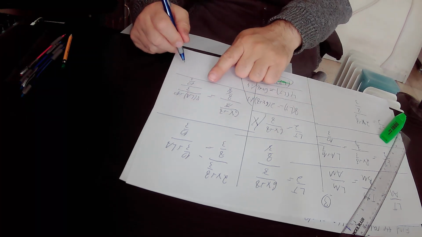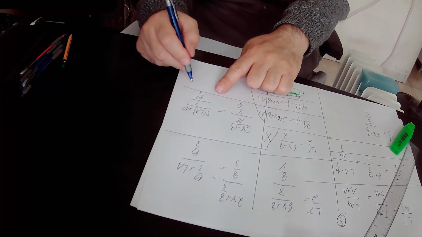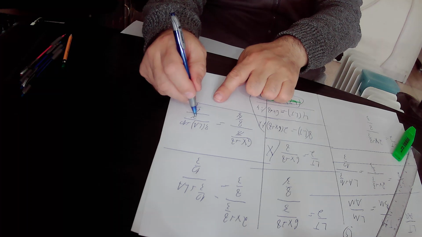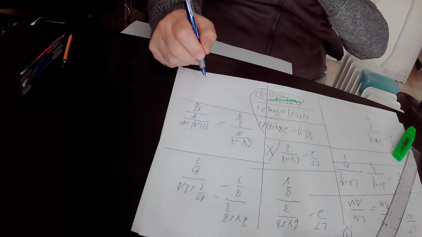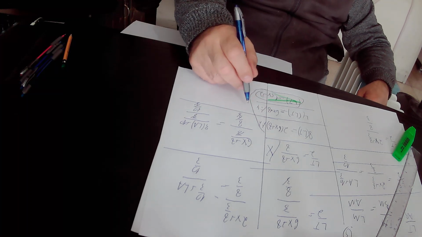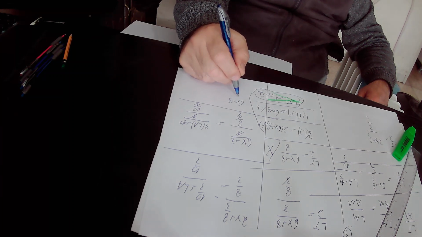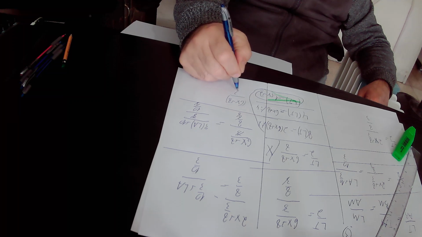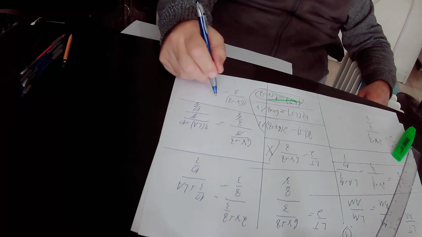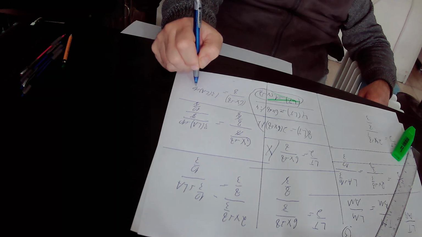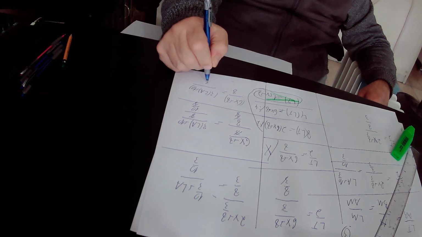In the other side of the equation, we also have 3 in the numerator and 3 in the denominator. So 3 also will get cancelled. After we cancel 3 on both sides of the equation, we are left in this side with 6x plus 8 over 8. That is equal to, in the other side of the equation, 3LA plus 10 over 10.